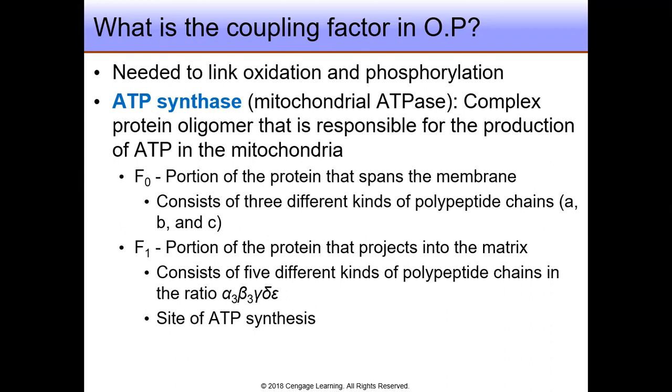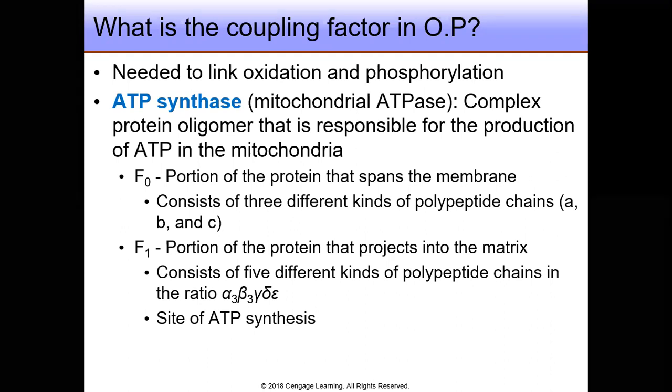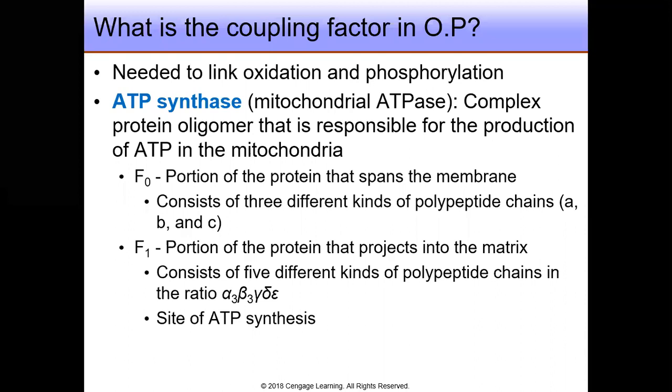Now, the complete protein spans the inner mitochondrial membrane and projects into the matrix as well. The portion of the protein that spans the membrane is called the FO.